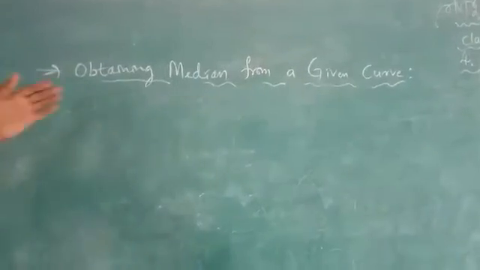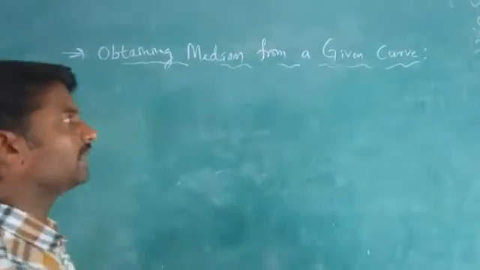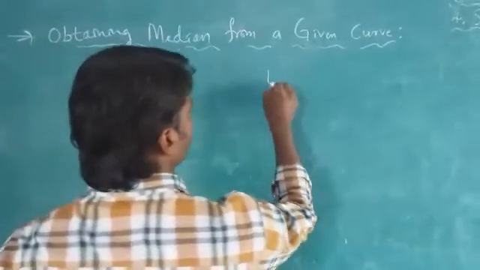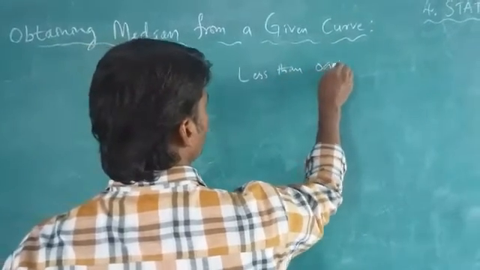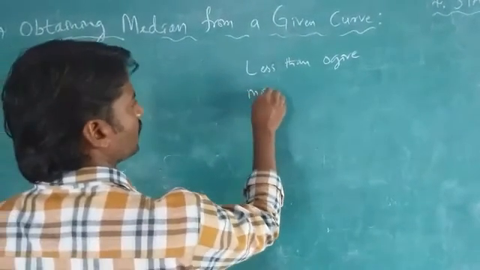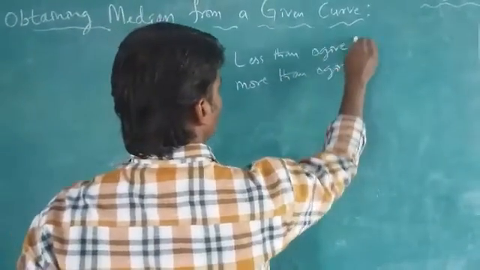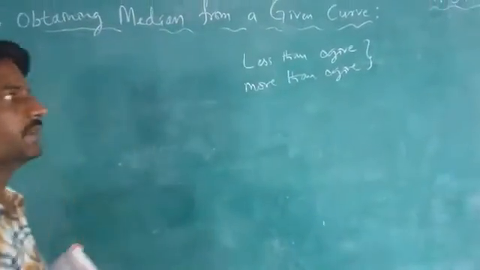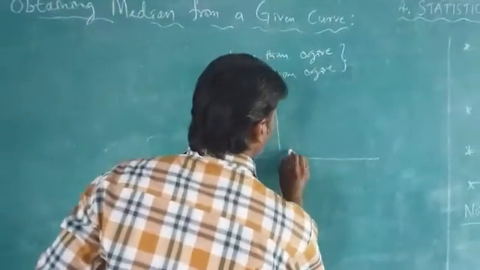Then, obtaining a median from the given curve. I forgot to tell you that two types are there: one is the less than ogive, or less than cumulative frequency curve, and the other is the more than ogive. You understand these two with the graphs. The less than curve goes from bottom to up, like this.